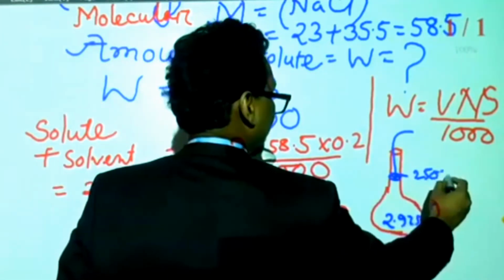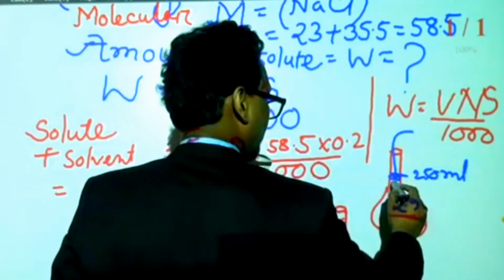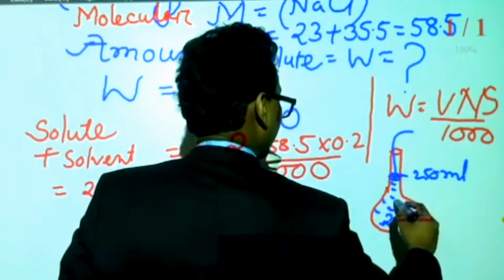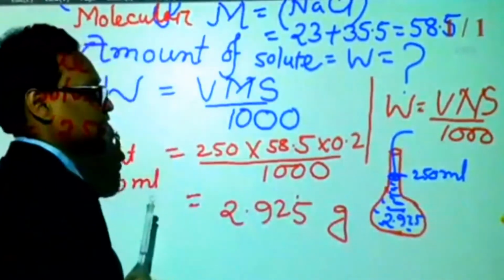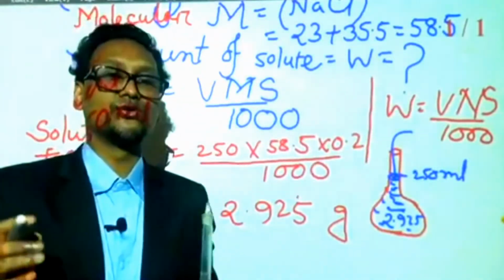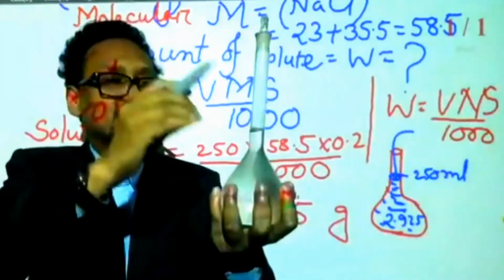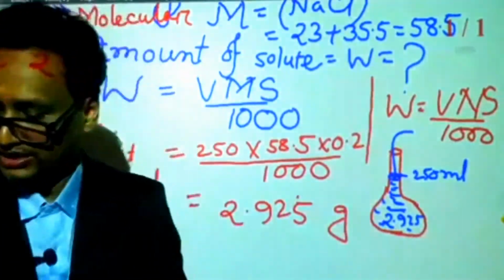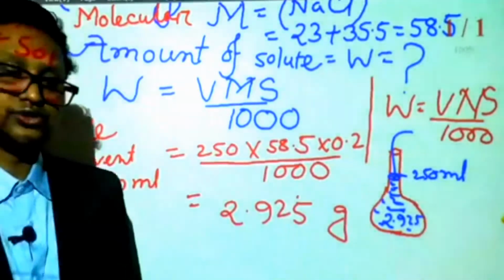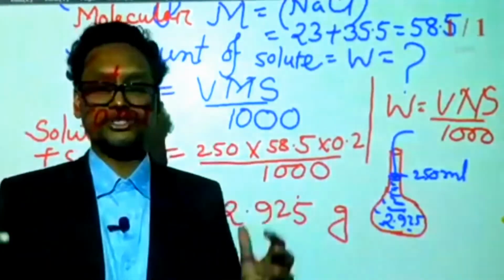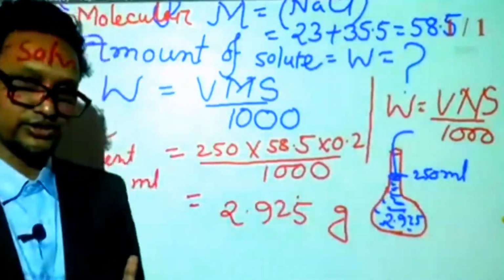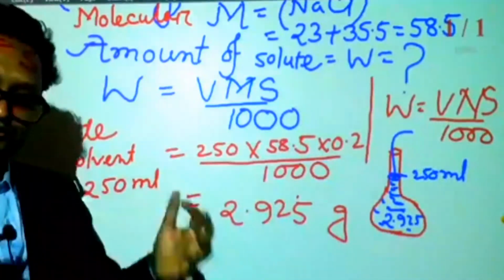But this is not the amount of water, this is the amount of solution, solute plus solvent. In such a way we have to pour some water into this container, then it will be your expected solution. So my dear students, I believe you have understood what a volumetric flask is and how we can make the solution easily.